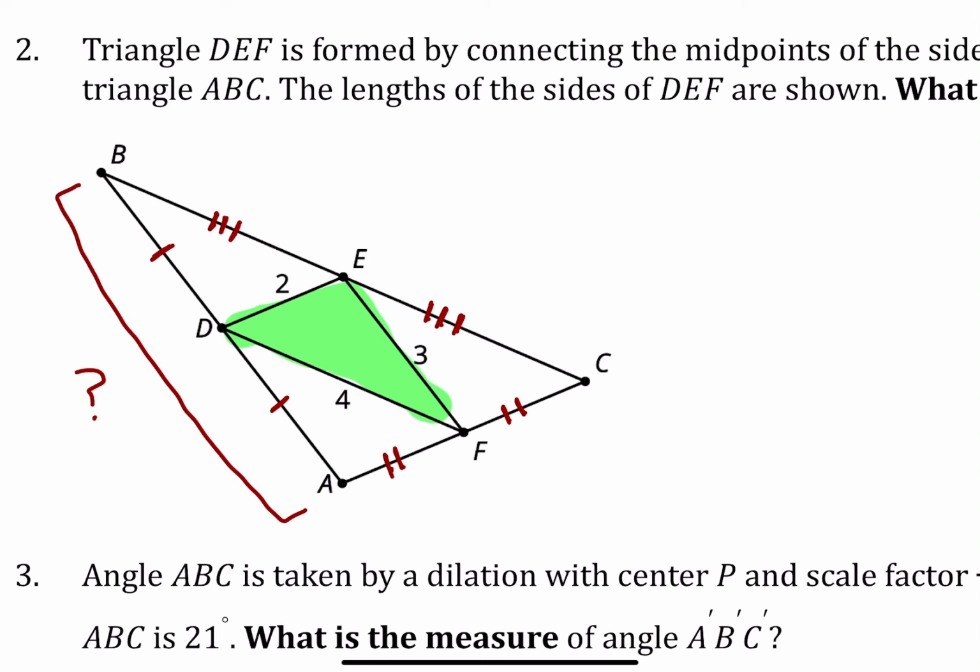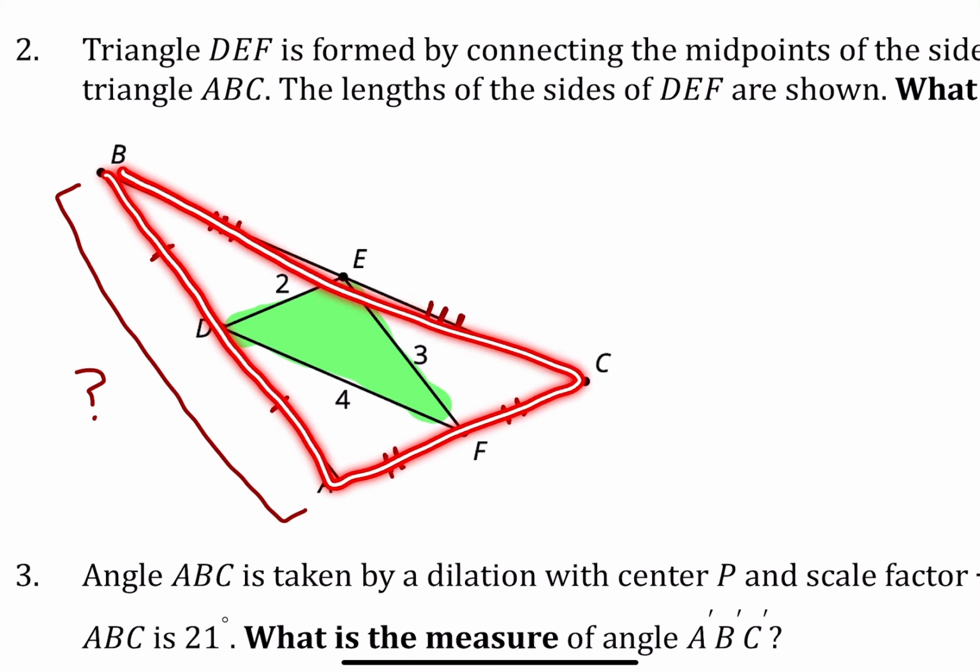And what I do know, because these are midpoints, is that each of these little triangles is a dilation of half size of the bigger triangle. So if I'm looking for this side here, I want to use the side that's parallel to it. Because that means we could take this triangle and do a dilation around point C by a scale factor of 2, and it would become the big triangle.